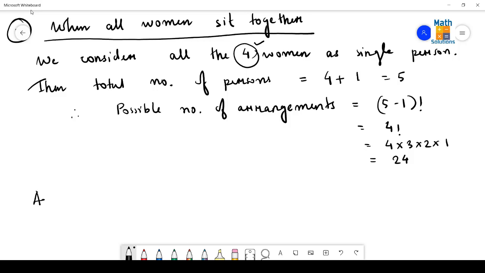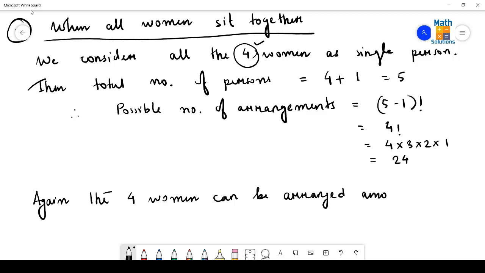Again, the 4 women can be arranged among themselves in 4 factorial ways.